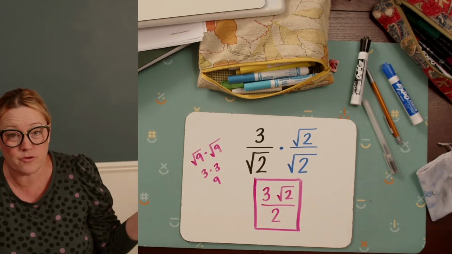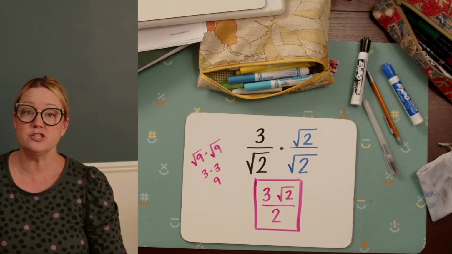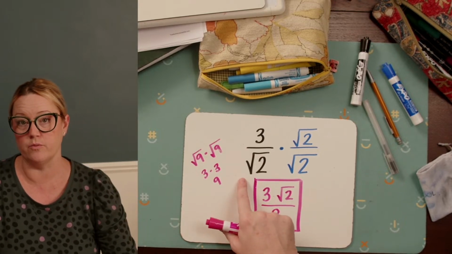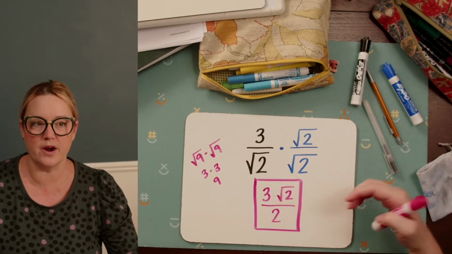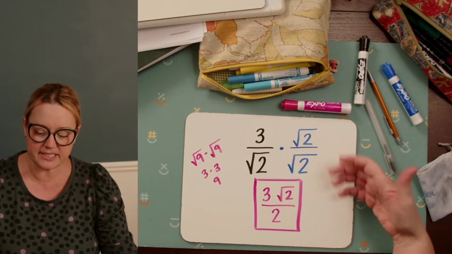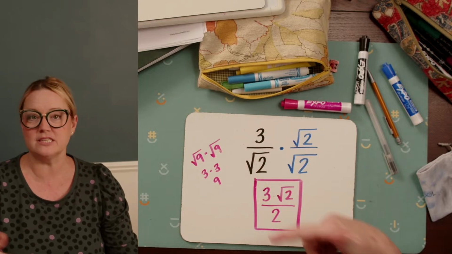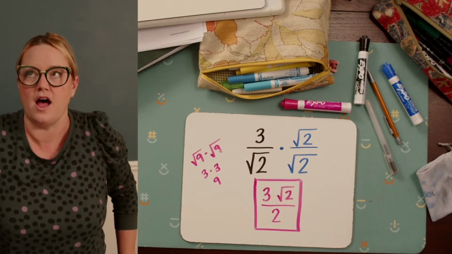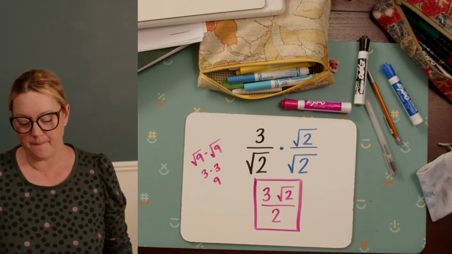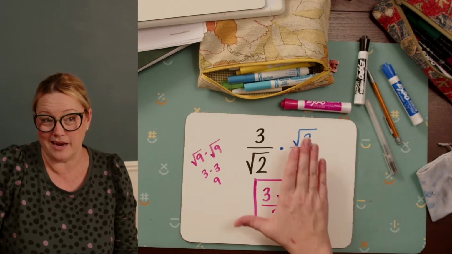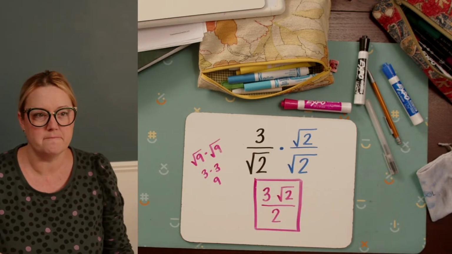I know some 8th grade teachers, as soon as you start doing square roots and radicals, they teach you this. A lot of times teachers won't accept this, it's sort of like a non-simplified or an unsimplified fraction. But again, other teachers are kind of moving away from that.